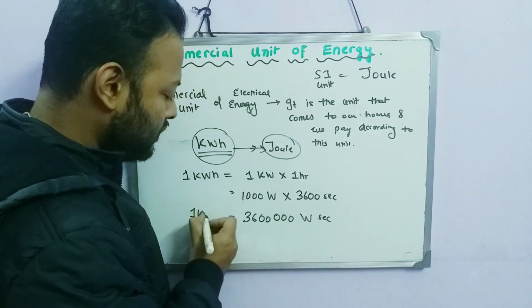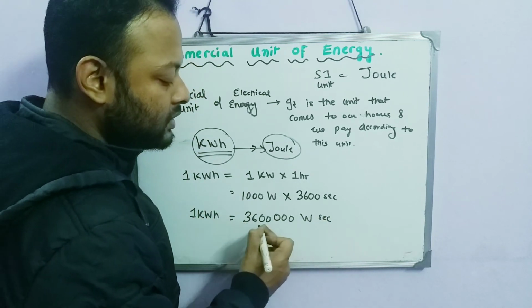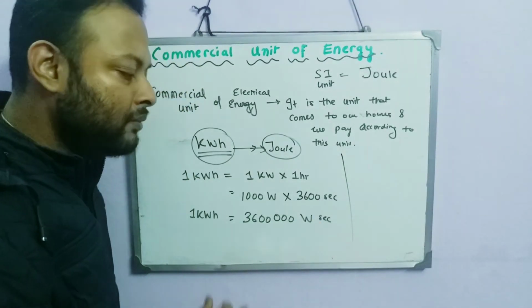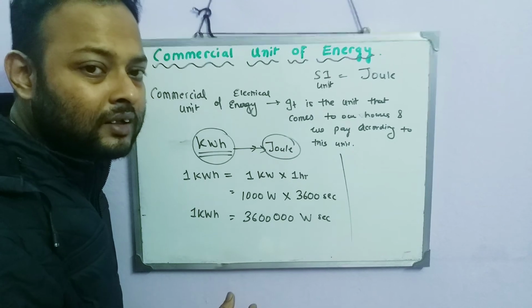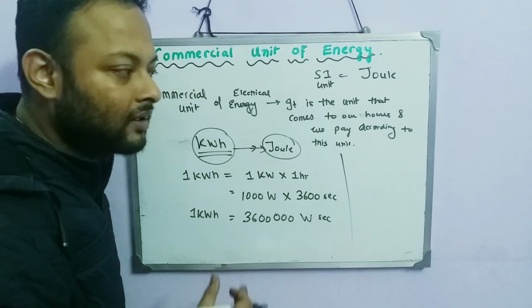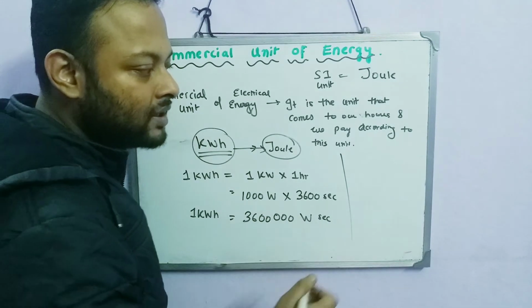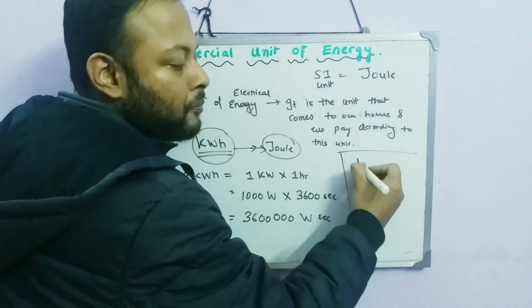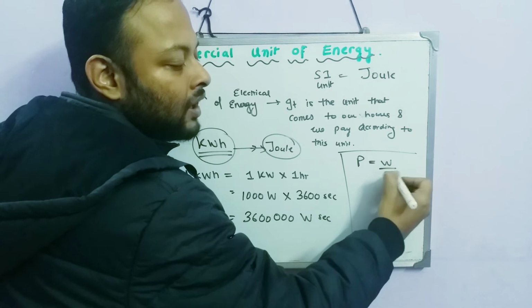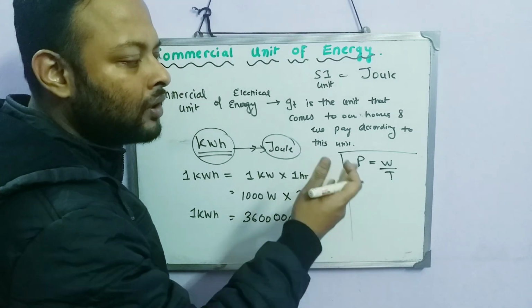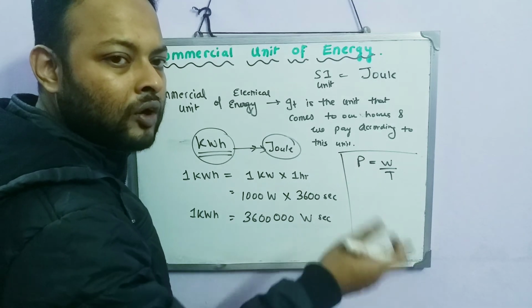So 1 kilowatt hour is equal to 3600000 watt second. Now let me tell you what this watt second is. Obviously in class 8 or 9 you have learned this formula: power is equal to work done by time, the rate of doing work.